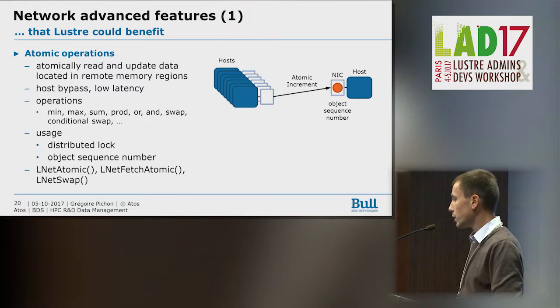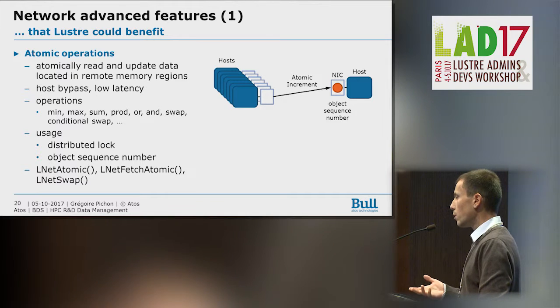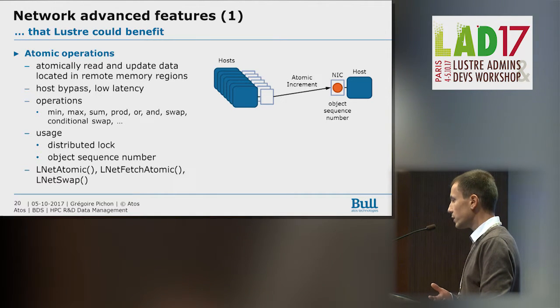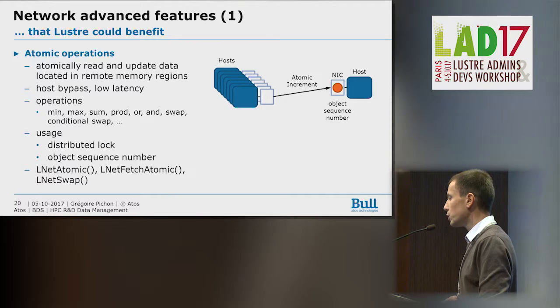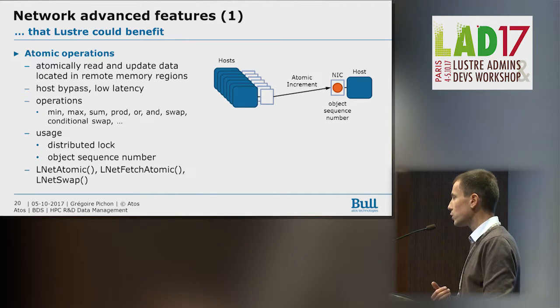The first one is related to atomic operations. What is an atomic operation provided by the network interface? It's a way to provide a memory variable managed by the network interface itself, completely independently from the host.